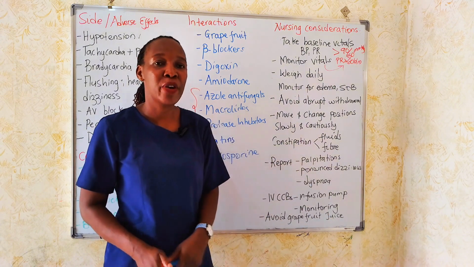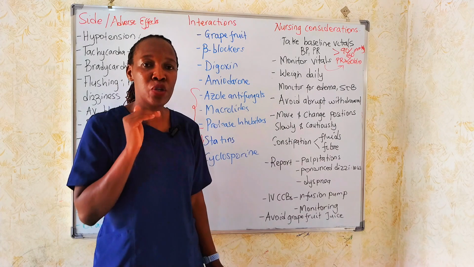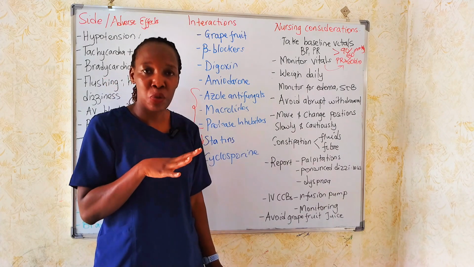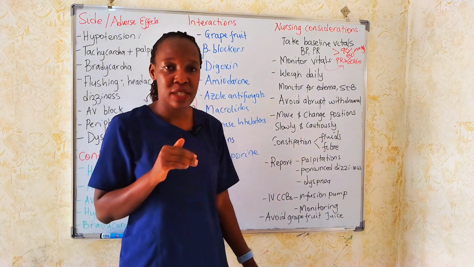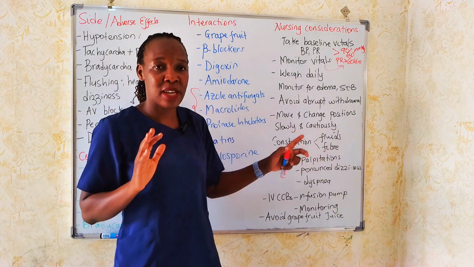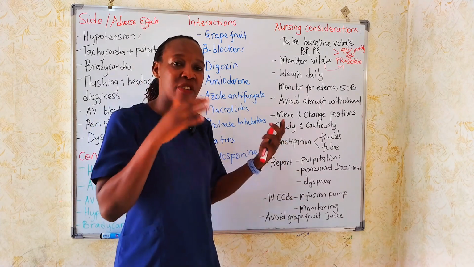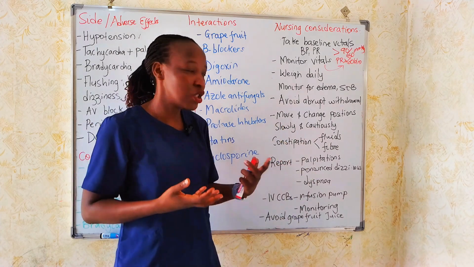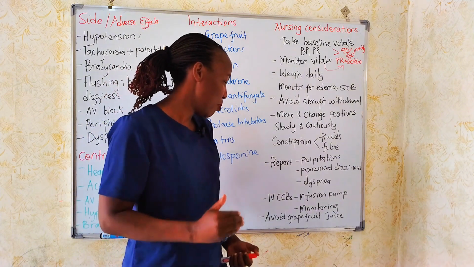An infusion pump helps us to regulate the doses accurately so that we don't give beyond or below. Also, we want to attach them to a monitor that helps us to see their parameters, okay? So that once we notice that there is either a reduction or a fluctuation in the parameters, we are able to intervene appropriately.